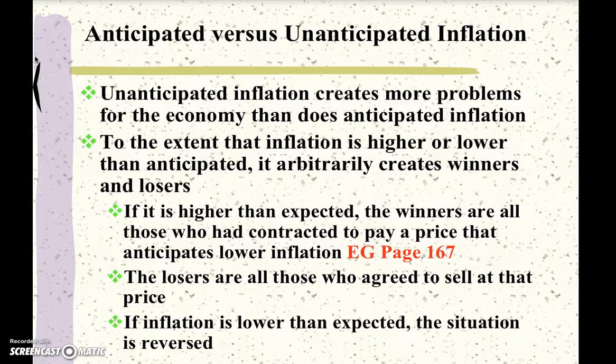Okay, so again, if we were to use a union example, they want persons to have a 5% increase in real wage. Inflation, they expect it to be 3%. So it means then they're going to negotiate for persons to get an 8% increase. But what if it actually turns out to be lower than the 3%, and ends up being 2%?